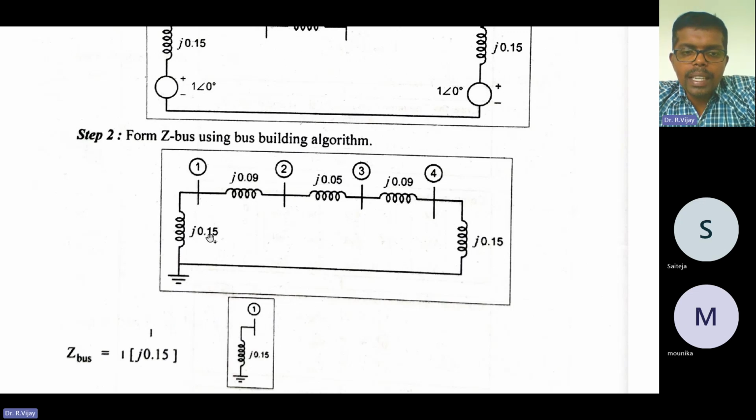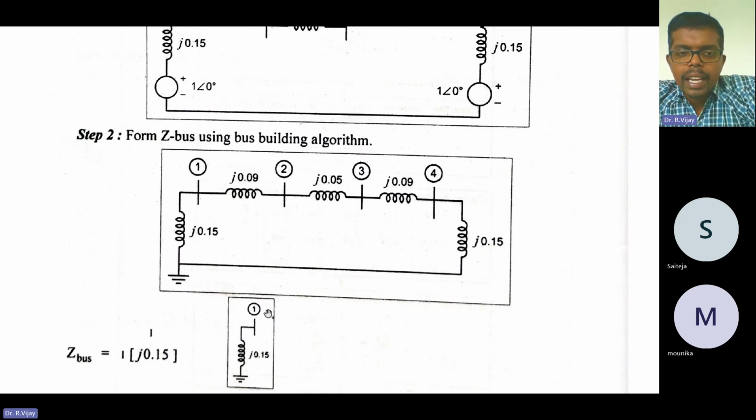R is not given here, so directly you can take the reactance as impedance: 0 plus J into 0.15. One element is connected to the new bus, so a 1 cross 1 matrix will come. Z bus is equal to J into 0.15. So this is the first step.